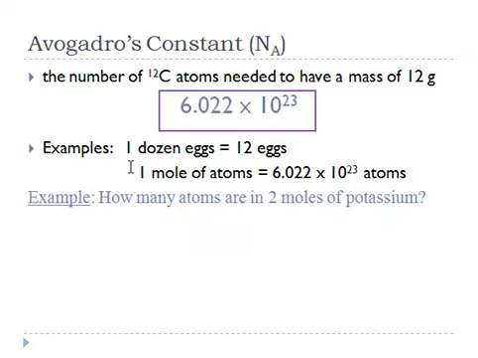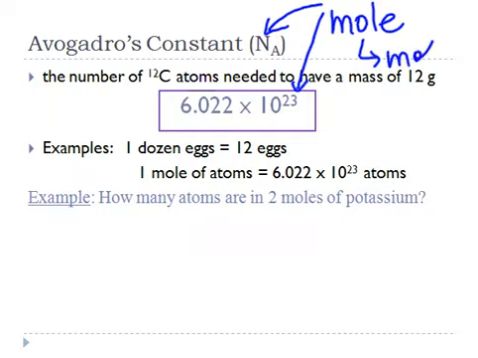But for now, here's what you need to know. You need to know about this Avogadro's constant, which is also dubbed capital N with a subscript capital A. That's the same thing as that number there, which is the same thing as a mole. The way we abbreviate mole is MOL. So you'll see that.